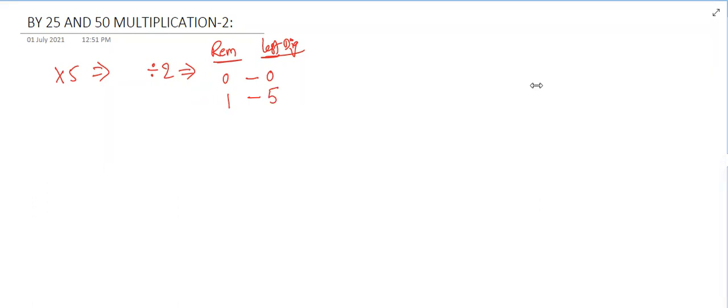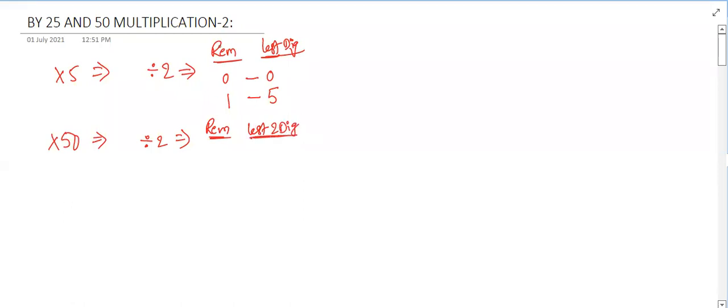Next, any number, instead of multiplying by 50, what can we do? The same thing. Divide it by 2, and based on the remainder, we keep the last 2 digits.